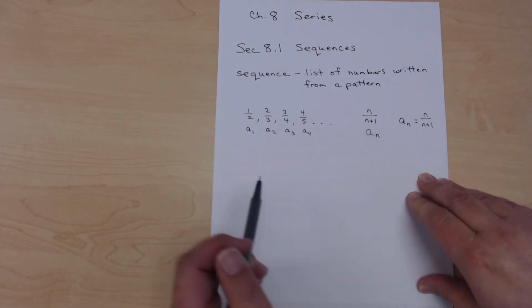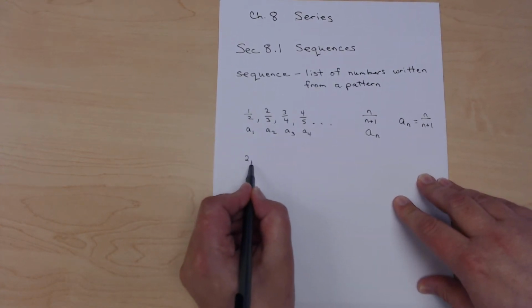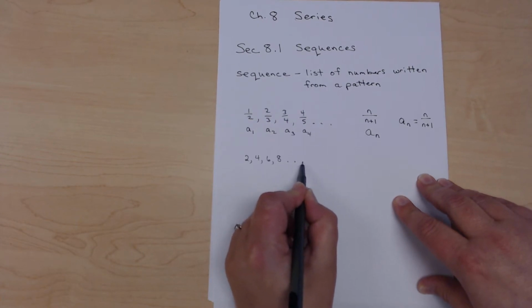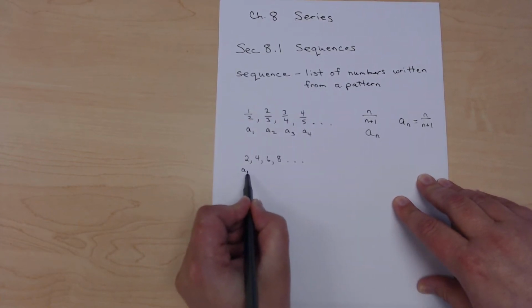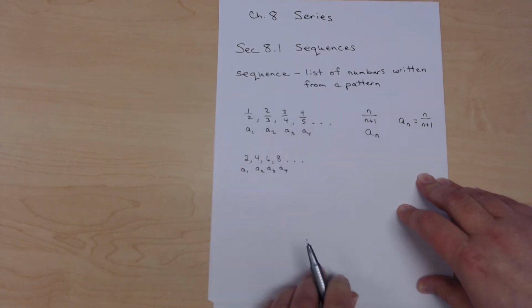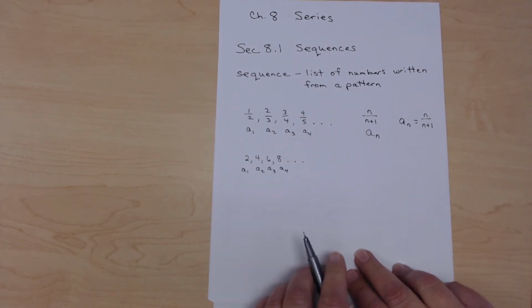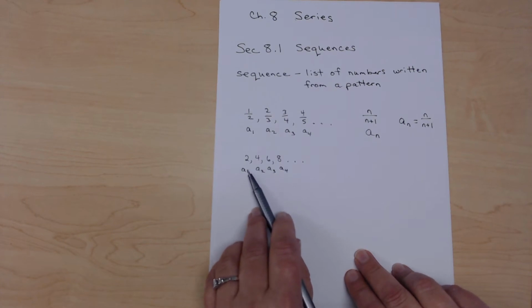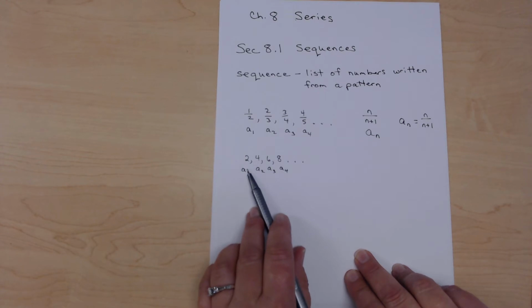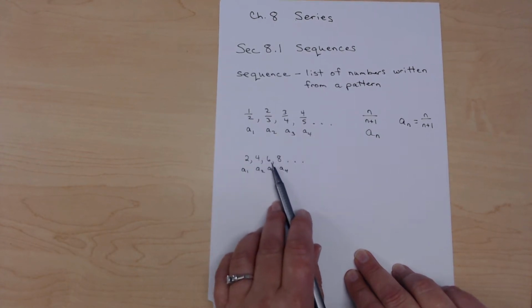This one we can relate to. Let's take a look: 2, 4, 6, 8, dot, dot, dot. This is a sub 1, this is a sub 2, this is a sub 3, and this is a sub 4. So how can we relate it? How do we go from 1 to 2? Maybe we can do something like this, but it's much better to relate it like this.